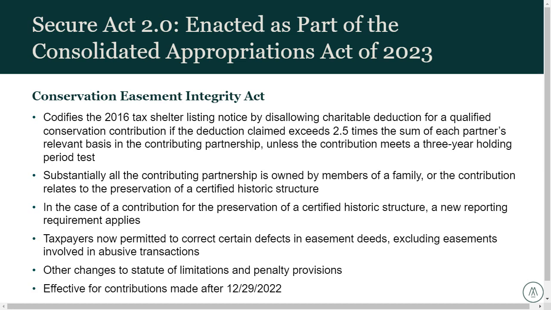For the Secure Act 2.0, which provides some provisions to improve retirement savings in the country, to offset the cost of some of those changes, the charitable deduction for conservation easements, which has been prone to abuse, specifically from syndicated type easements, which may have relied on potentially questionable appraisals, resulting in exaggerated deductions, is now disallowed if the conservation easement exceeds 2.5 times the sum of the partner's relevant basis in the partnership that's contributing the property, unless a 3-year holding period is met.